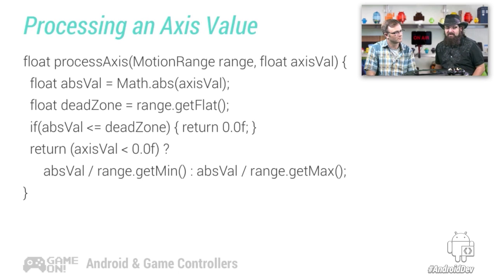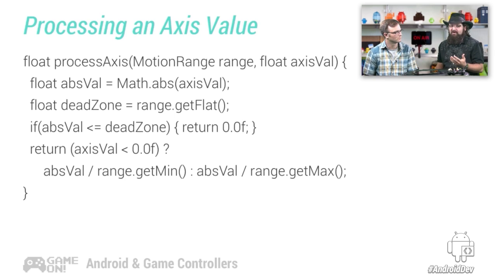I actually have a bit of code here that shows this off. If we want to process an axis, and we have some axis value that we've gotten from our input state or controller state object, we have a motion range and the axis value. We want to get the absolute value of that axis value, and then determine the dead zone, so we go get flat. Then we determine if the absolute value is less than or equal to the dead zone.